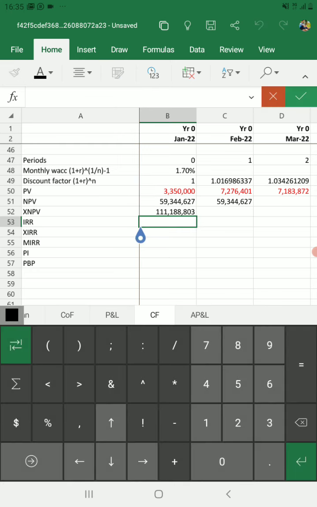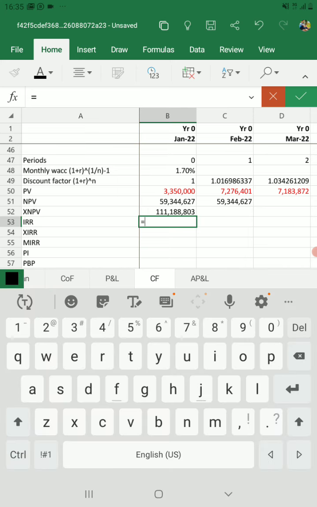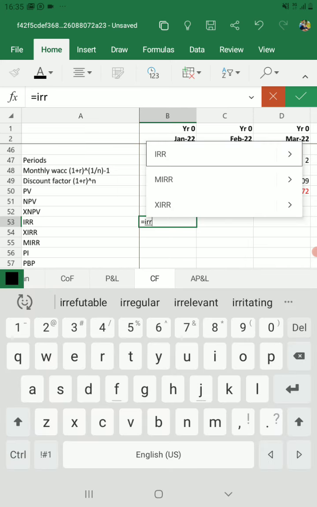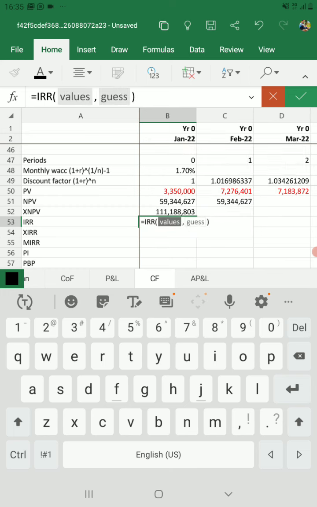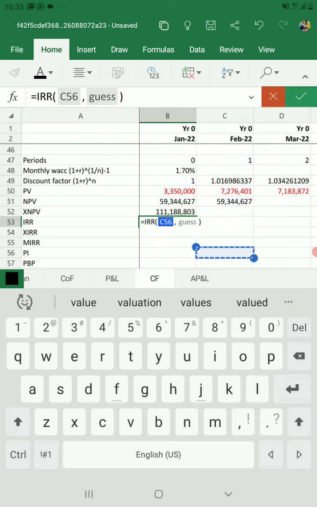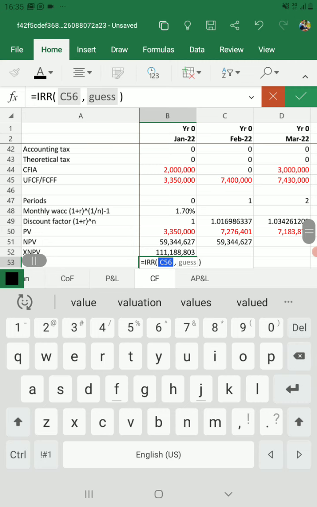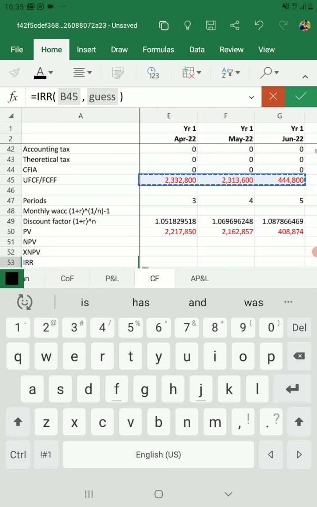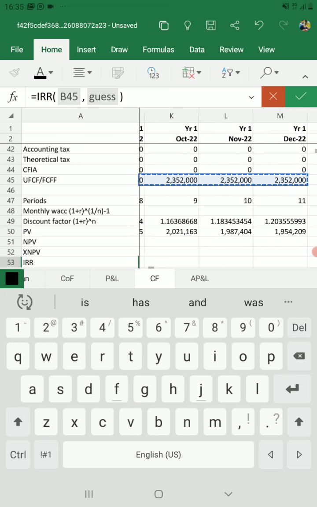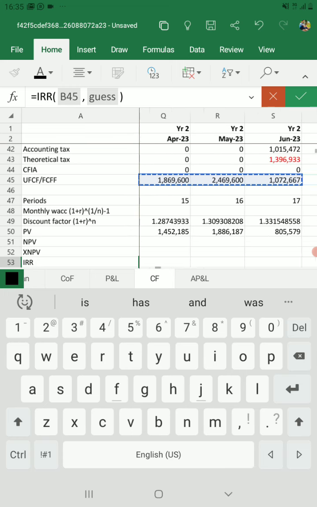IRR, simply start with equal sign, type IRR, this one, values. So we pick our unlevered free cash flow from the beginning to end of our projection period.